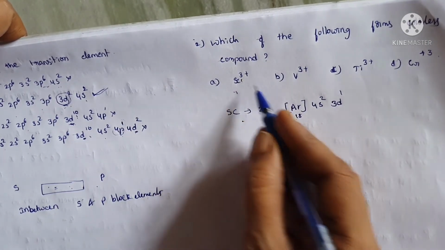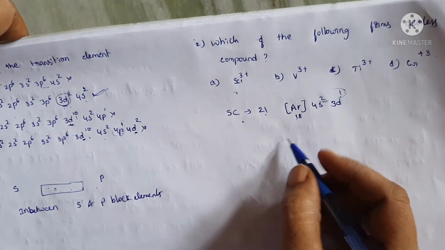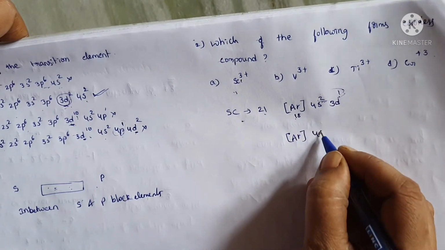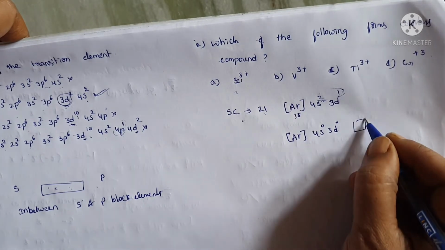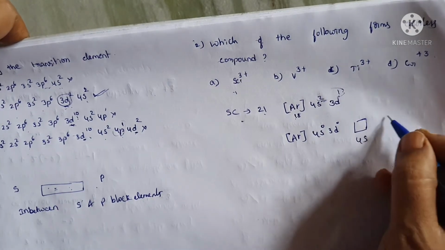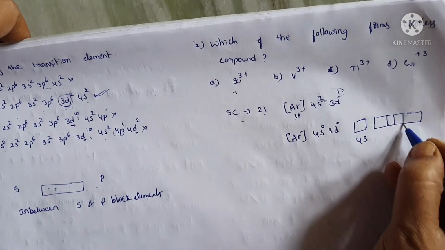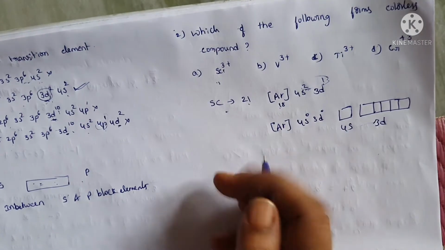Here scandium plus 3 means these 3 electrons are given up by scandium. So the configuration is argon, 4s0, 3d0. There are no electrons in scandium plus 3.